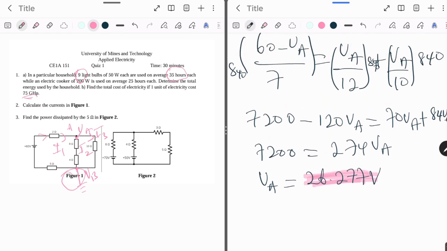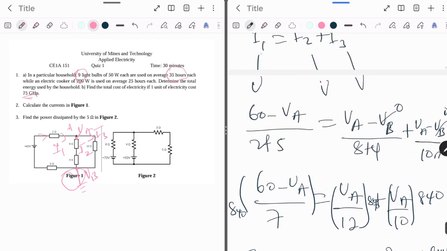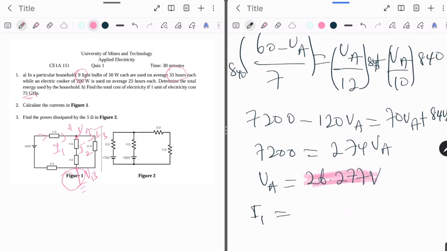Now we are asked to find the current, so now let's get the current. So we can write here I1 is going to be equals to, from the equation that we wrote earlier, see that I1 is equals to 60 minus VA over 2 plus 5. So I can just write here I1 equals 60 minus VA. Our VA is now 26.277 over 7, which is going to give us 4.818.